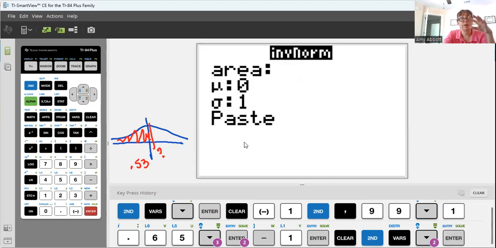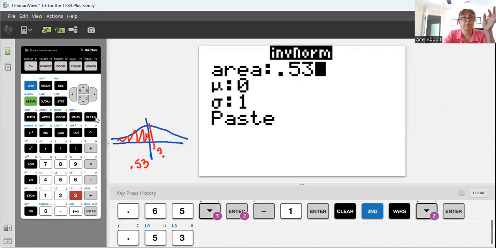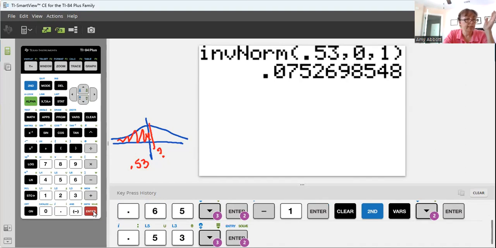This one's a lot easier. All you have to do is enter the area number, and the area number here was 0.53. And then go down to paste, and then enter again, and that's the answer. They wanted this answer to 2 decimal places. So to 2 decimal places, it's going to be 0.08.